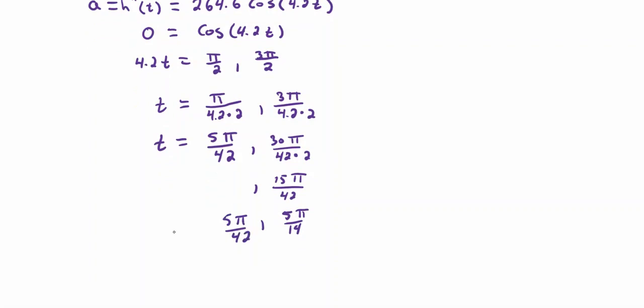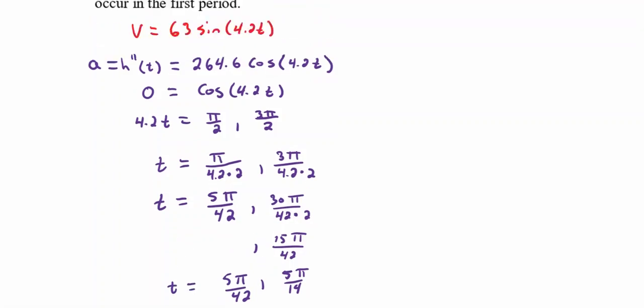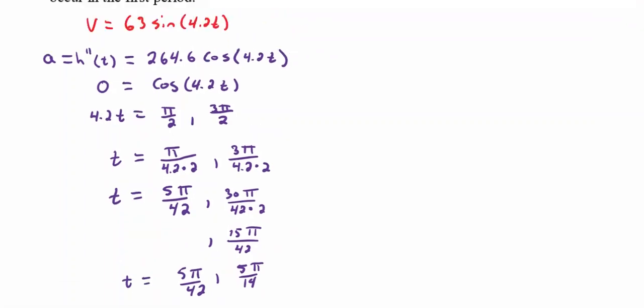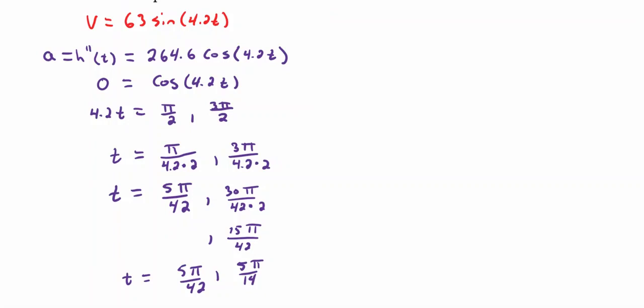Okay, so we just found the times that this is going to happen. Now we actually have to figure out the velocity, like how fast it was actually going. I have an expression for that: v, or here I'll write it as h prime, the first derivative, is equal to 63 times sine 4.2t.